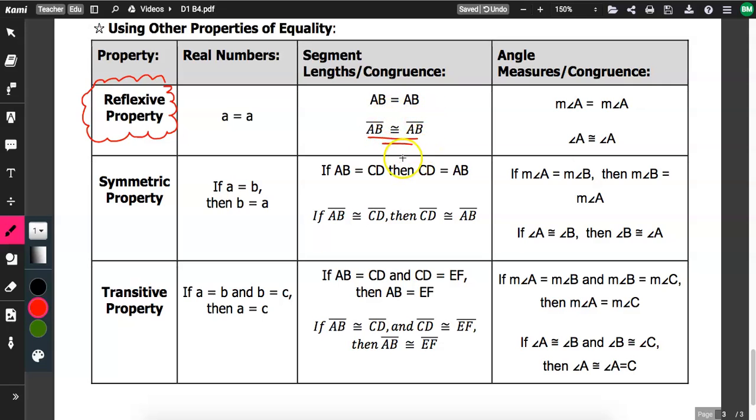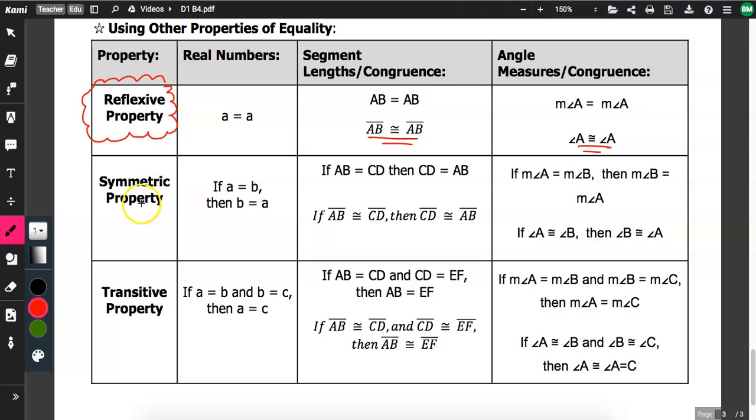This one we use a lot. Angle A is congruent to angle A. I know it seems silly, but you need to state everything so clearly in the proof that it's obvious and clear what you're arguing and how you know. So we will actually say things a lot, that AB is congruent to AB. It seems like, yeah, duh, of course it is, but we still need to say that, and our reason here would be the reflexive property.